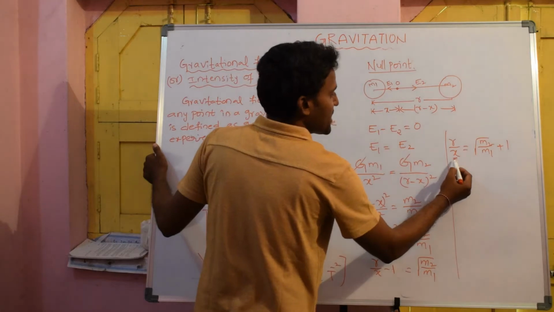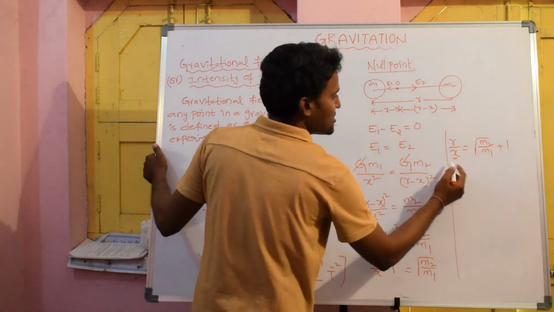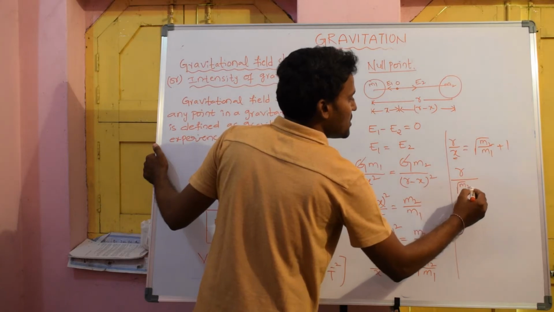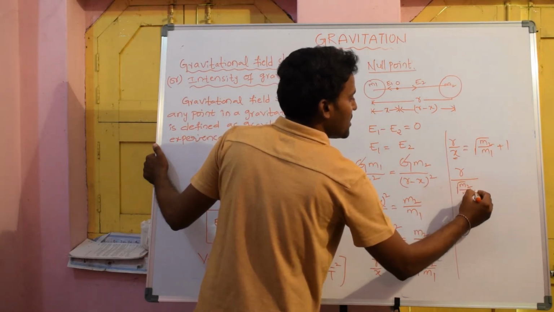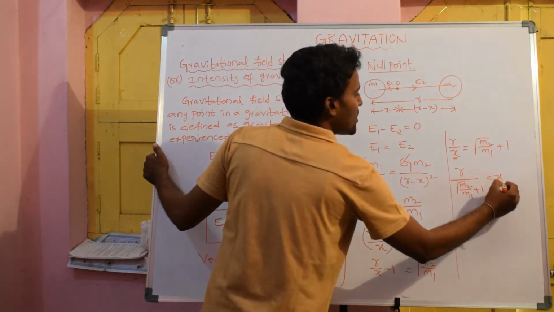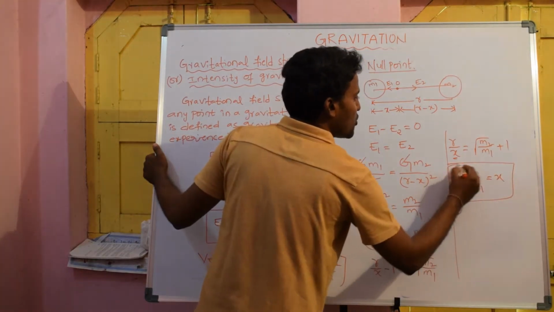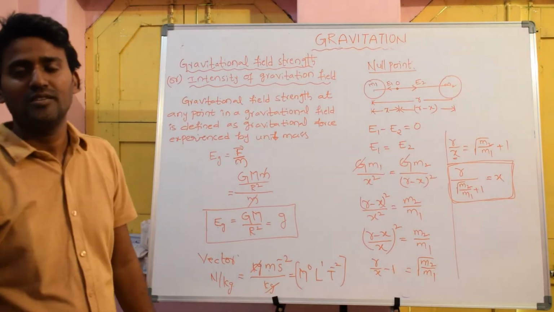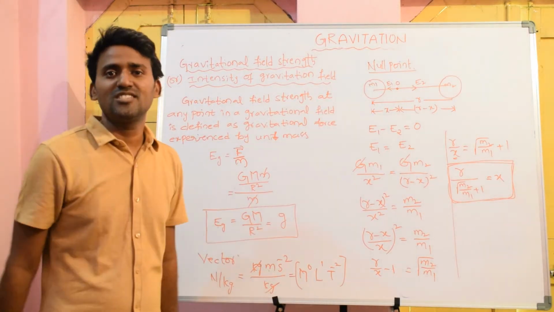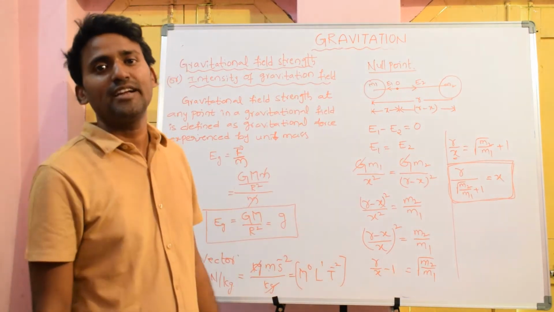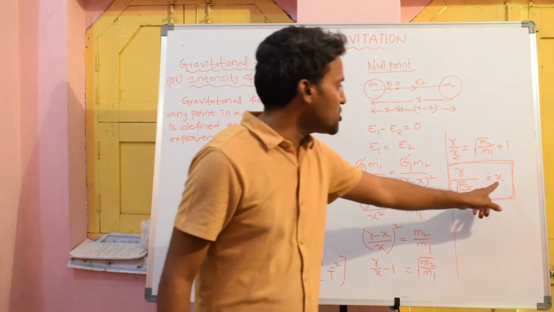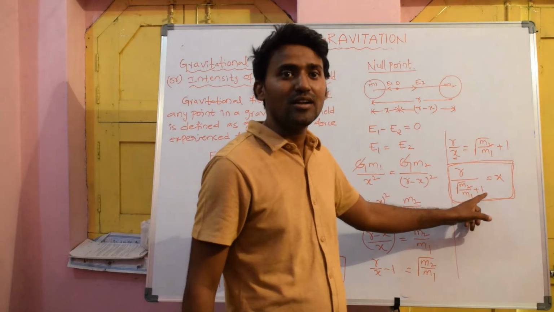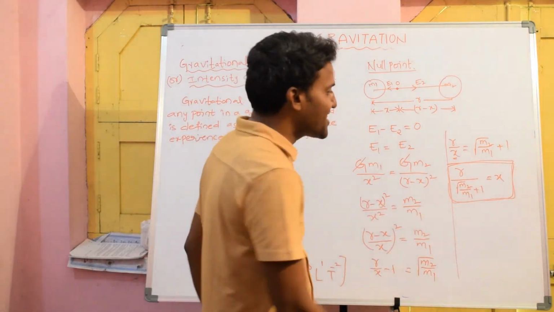We need to find x. So x is equal to R divided by root of M2 by M1 plus 1. So if you want to calculate where the null point is, where the resultant force, the resultant electric field intensity, is 0, the equation is x equal to R divided by root of M2 by M1 plus 1. And one more thing: M2 is greater than M1.